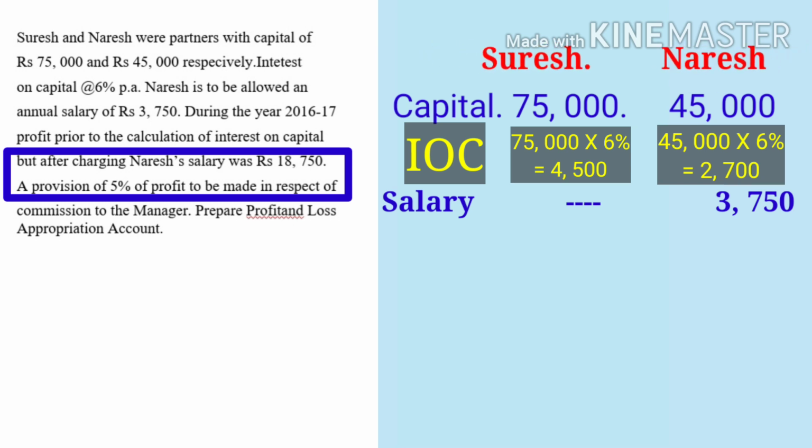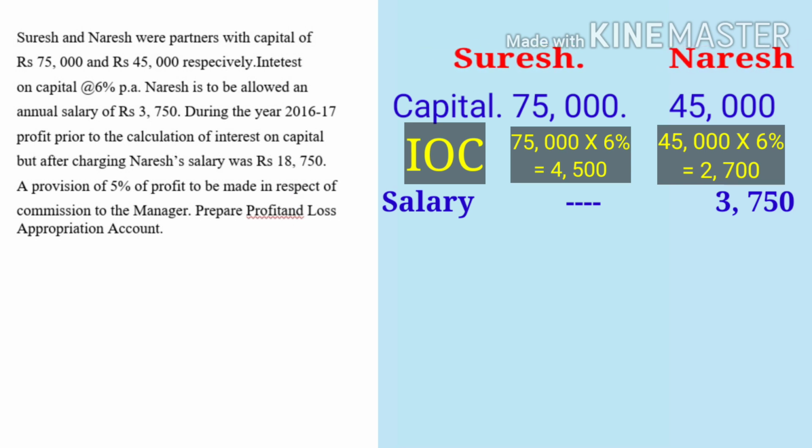But here we should consider the profit prior to the calculation of interest and also prior to charging any type of salary to any partner. Is it clear? In this question, this profit 18,750 is given after charging Naresh salary but before charging interest on capital. But we should consider the profit prior to the calculation of interest and any other expenses.